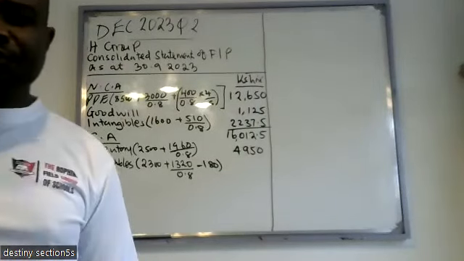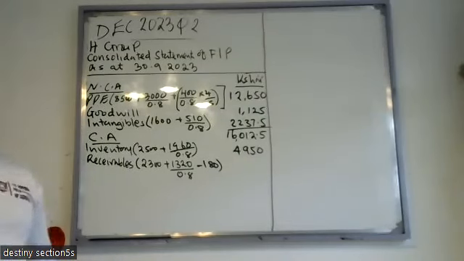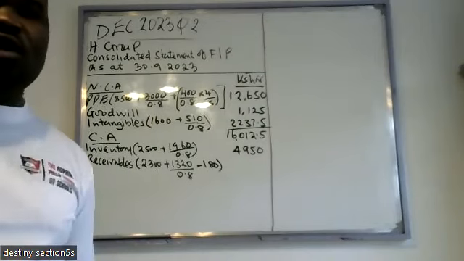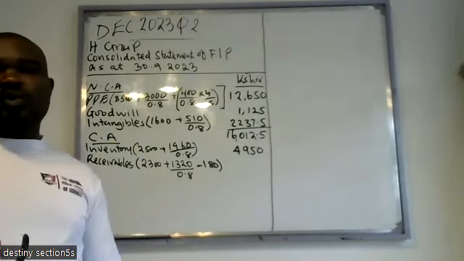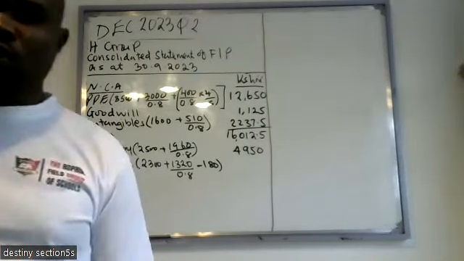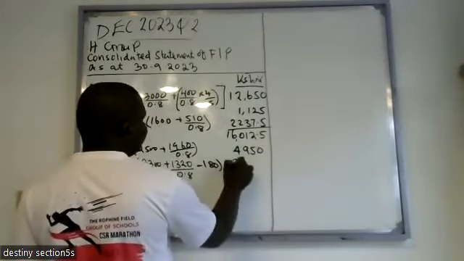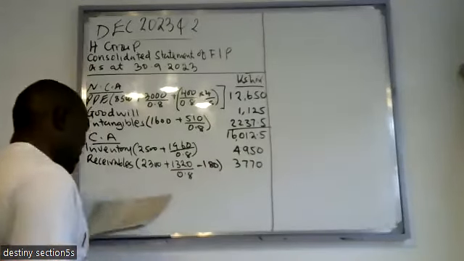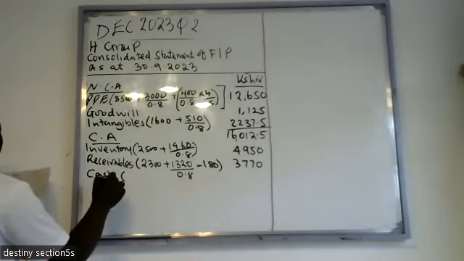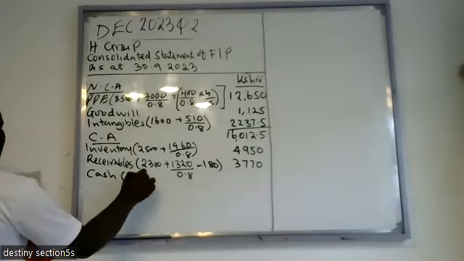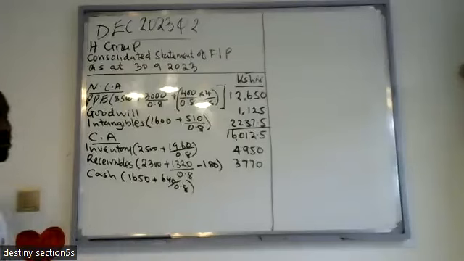What will you get? 37.70. Then cash will be 1,650 plus 640 divided by 0.8.